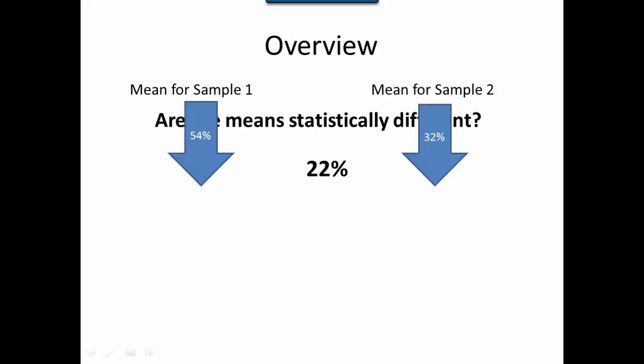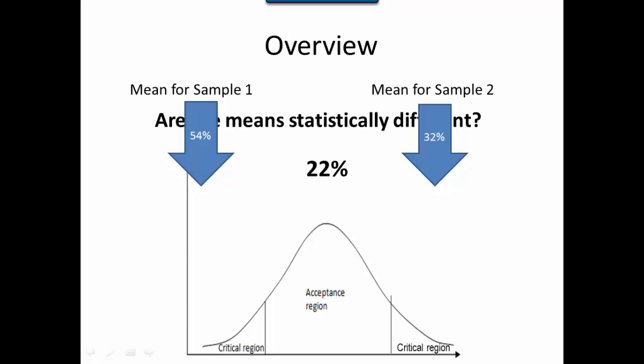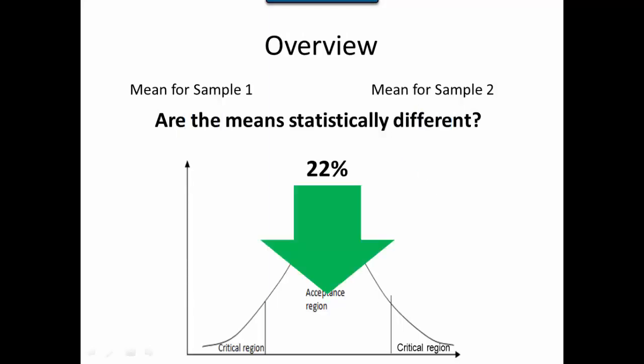What we really need to know is how likely we would get a mean of 22 just by pulling a whole bunch of means out of the middle of that underlying distribution. If that 22% difference is really probable, highly likely, just through the luck of the draw of drawing means, then we're going to say that the means are not statistically different.